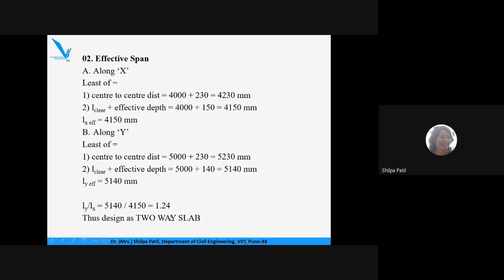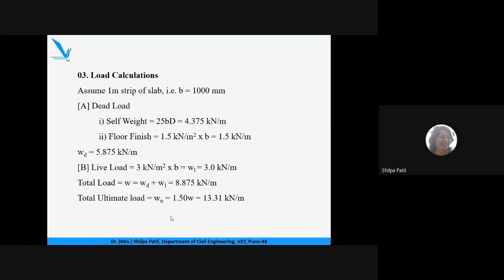Because initially we decided to design the slab as a two-way slab, that's why we are calculating the effective span and effective depth along both directions. If we have to design it as a one-way slab, there is no need to calculate Lx, Ly separately. We always calculate the effective span and effective depth along the shorter span in case of a one-way slab. Now the next step is to calculate the load.